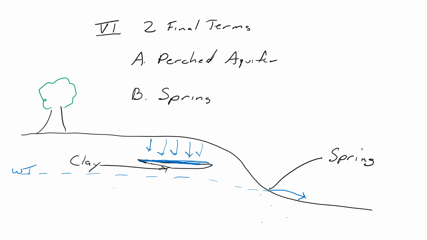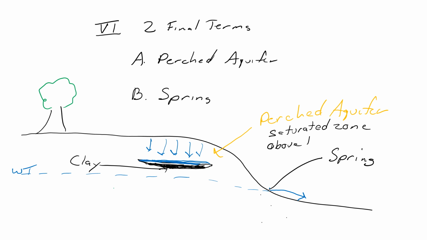It percolates down from above, but it can't move through this clay layer right here. And it just sort of accumulates on top of it. This is what is called a perched aquifer. It's a localized, saturated zone that lies above the main water table.